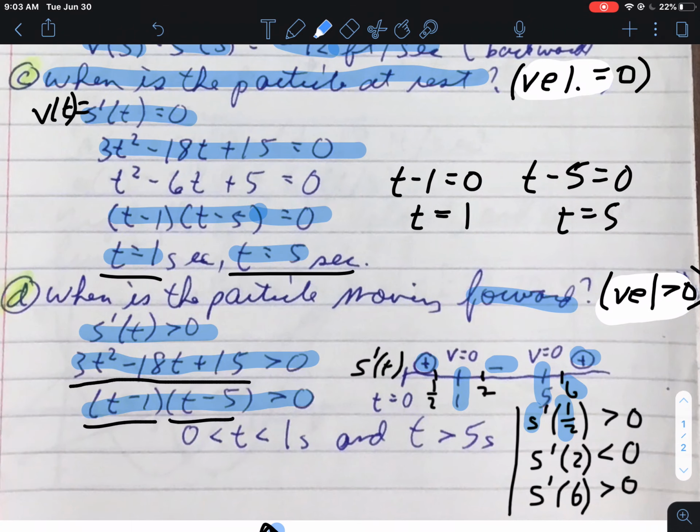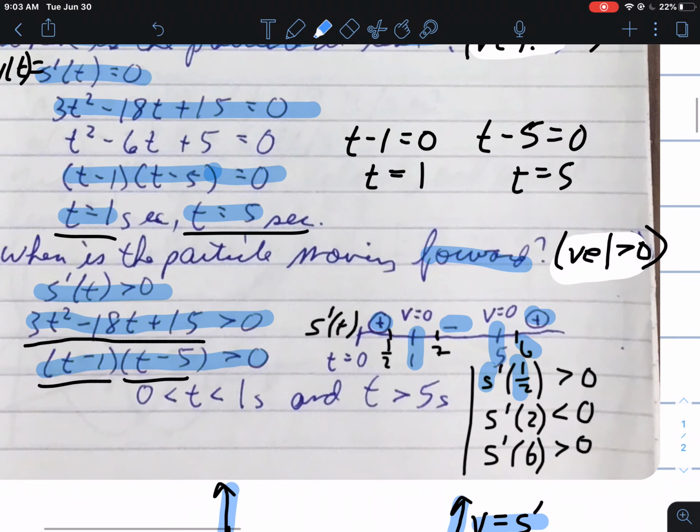Once you find where the function is equal to 0, that divides your little test strip down here into subintervals. I call it a test strip. I just indicate on that number line where the function is equal to 0. Then we pick a number in each of the intervals set up by that test strip. You plug those test values into your function to check whether it is positive or negative.